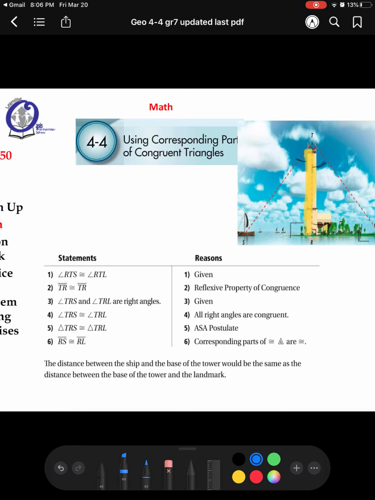So I can say that this side is congruent to this side. Okay, what else? I can say that this side is congruent to this side. And as well, I can say that this angle is congruent to this angle. But he asked only about SR and RL. So I can say that the corresponding parts of congruent triangles are congruent.